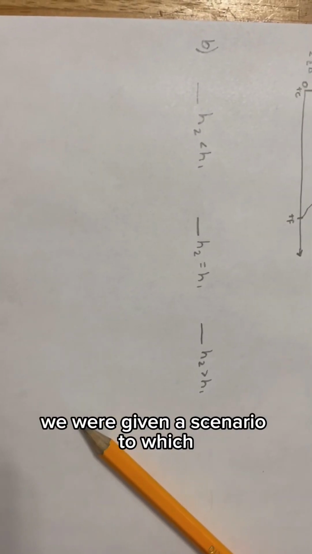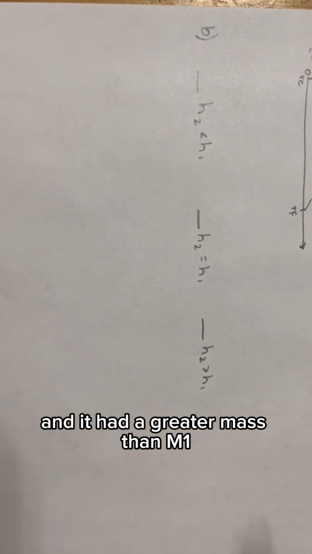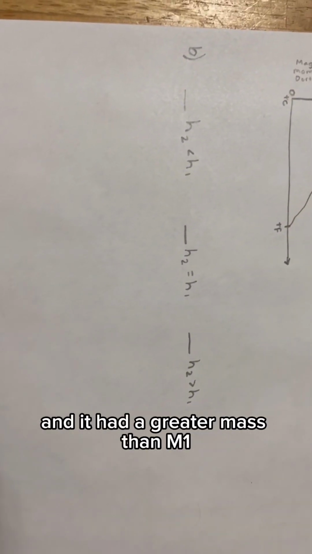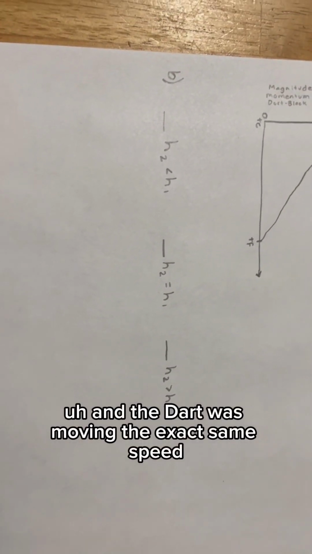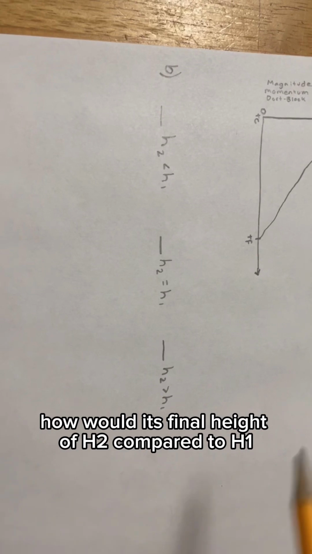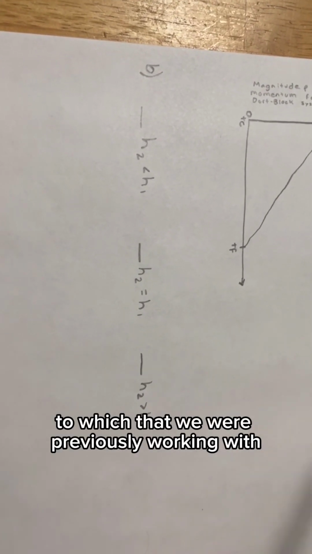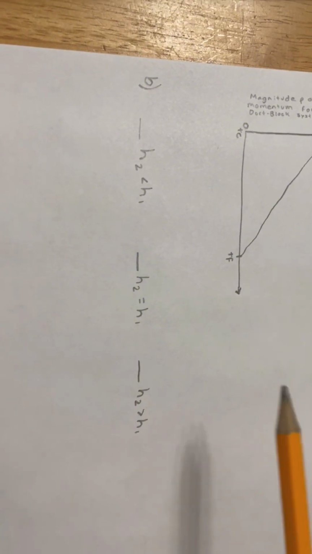Then for part B, we were given a scenario in which there was an M2 present and it had a greater mass than M1, and the dart was moving at the exact same speed in the same direction. How would its final height of H2 compare to H1, which we were previously working with?